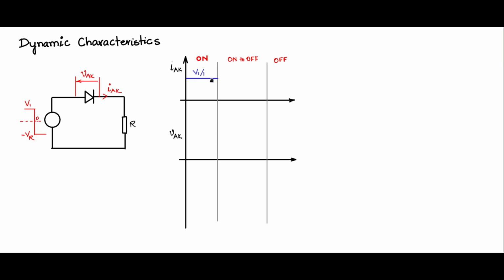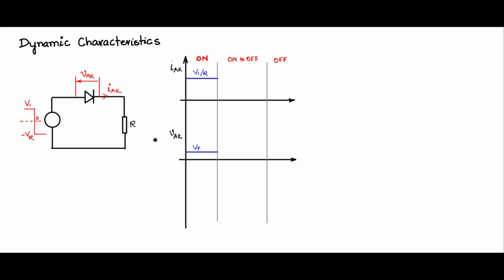I will just indicate it here as a value of the order of V1 by R, but I will indicate the voltage drop across the diode during that time here. There is a forward drop, a slight positive drop of around 0.6. We will call that VF. Not only 0.6, but there is also a slight drop added due to the dynamic resistance.